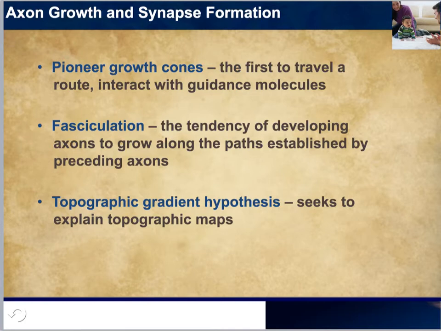Same thing with ears, and even when we looked at pain, we find that cutting specific parts of the cerebral cortex that would be responsive to a specific part of our body does not eliminate pain. And this is because of the many different pathways through which we can rearrange. And so the topographic gradient hypothesis is what has been used to explain how the topographic maps exist in our brain.